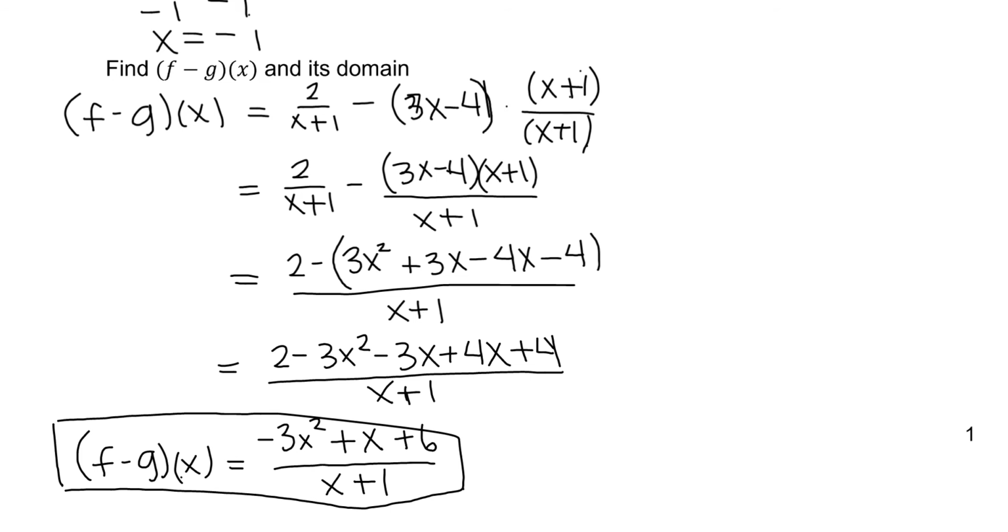Well, because it's the same denominator, I already know the domain. So the domain, all real numbers, x cannot equal negative 1. That is possible. You can do an operation and get a domain that's still the same as one of the original functions.